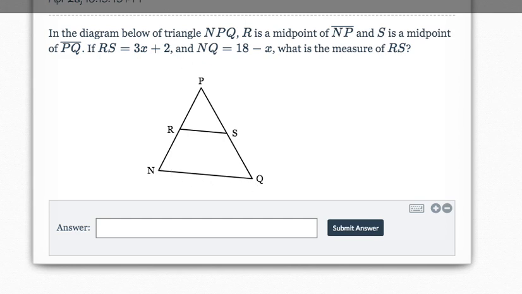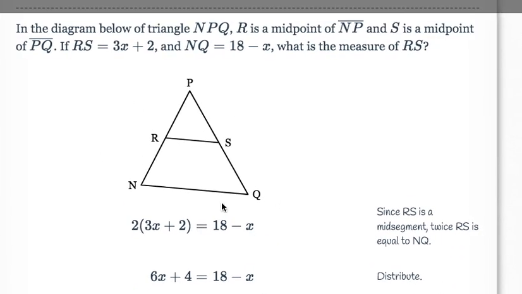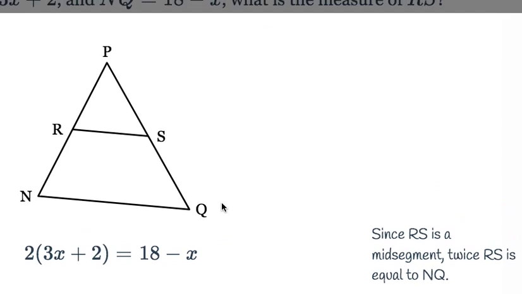Well, if we go back into our midsegment files, we know that RS is a midsegment. That means that 2 times RS is equal to NQ.